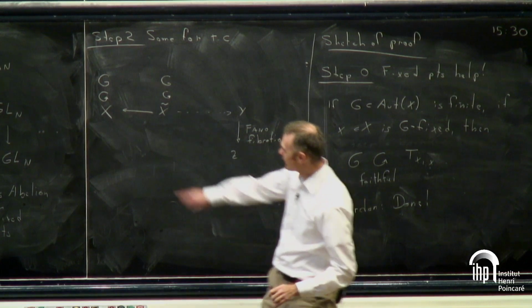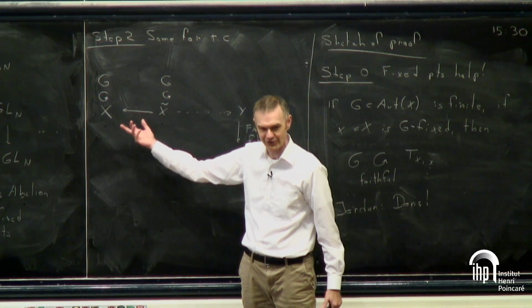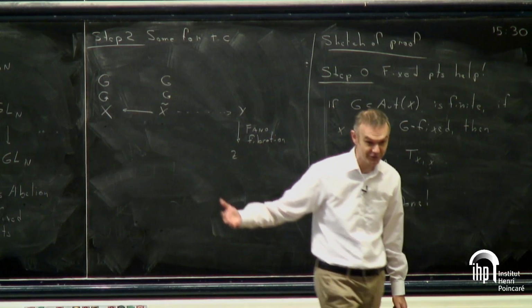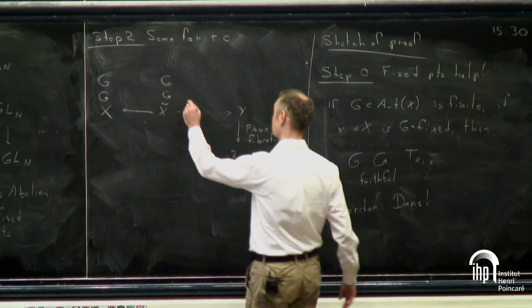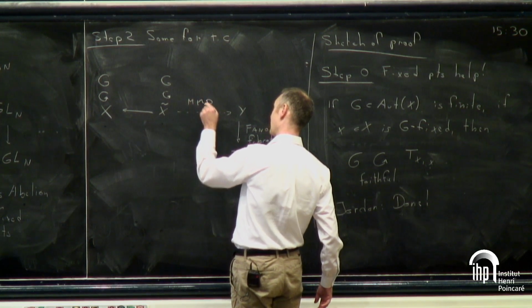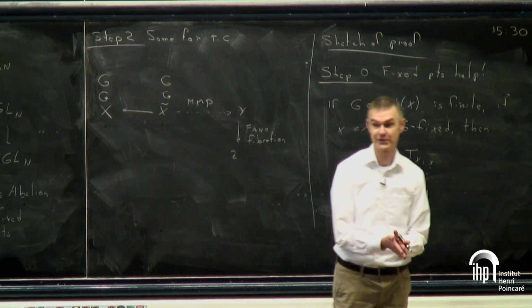Now, I'd like to find a fixed point. Okay, I can find a fixed point here. The blowing up morphism, the resolution morphism, is equivariant. Then I have the minimal model program here, and this can also be set up in an equivariant way.